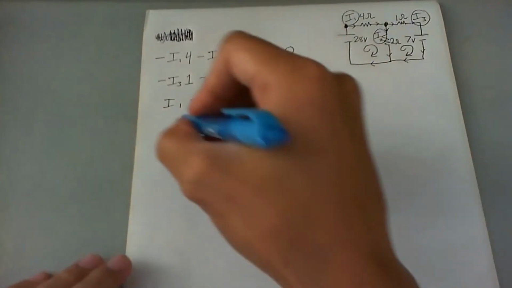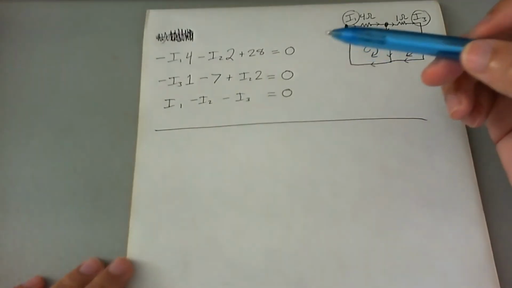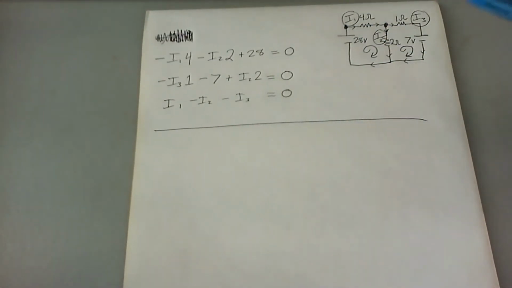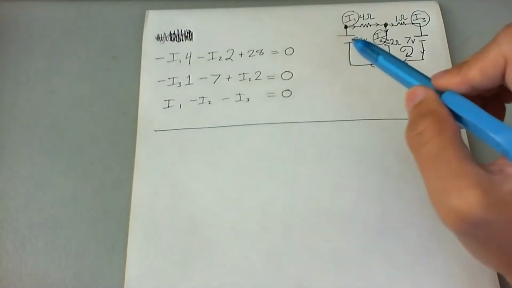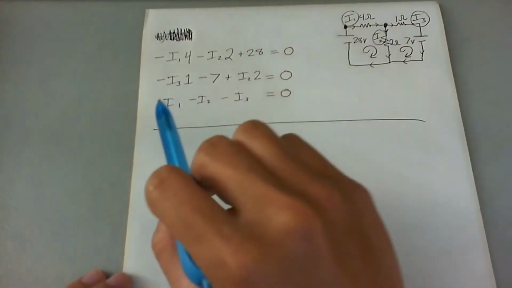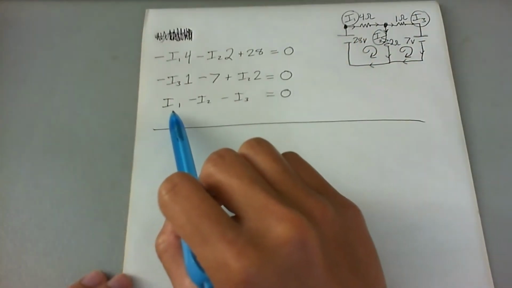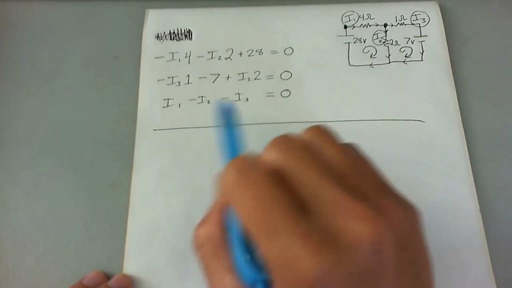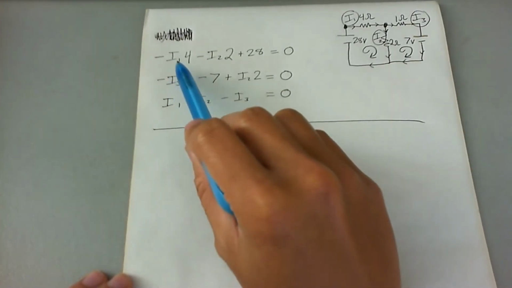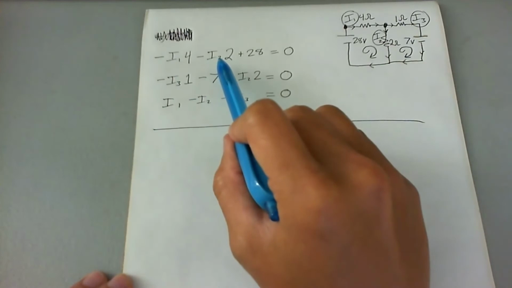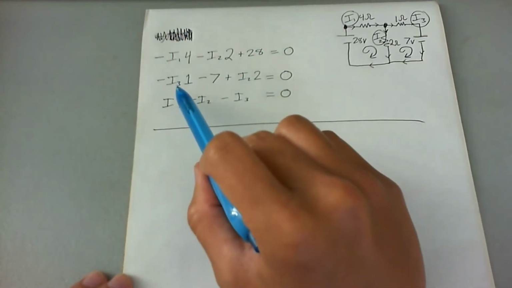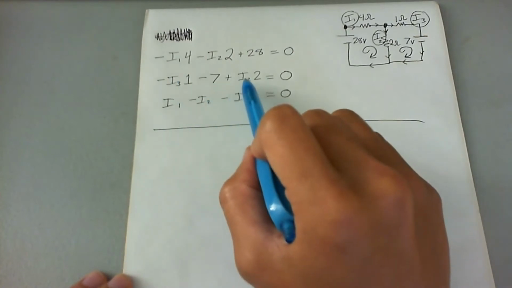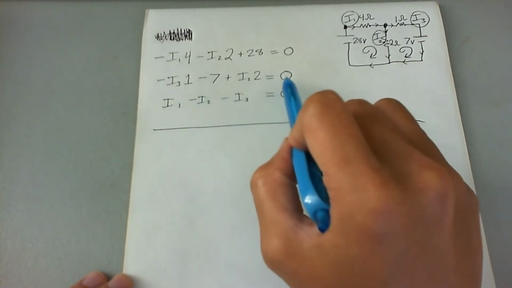So now it's the math part. Normally, and generally, this is not frowned upon at all. You can go ahead and solve for the system of equations by substitution. And that's how most of you are familiar with it. So that is solve for I1 with respect to I2 and I3, plug it into here. You can solve for I3 with respect to I2, plug it into here, and then solve for I2 with respect to just a number.